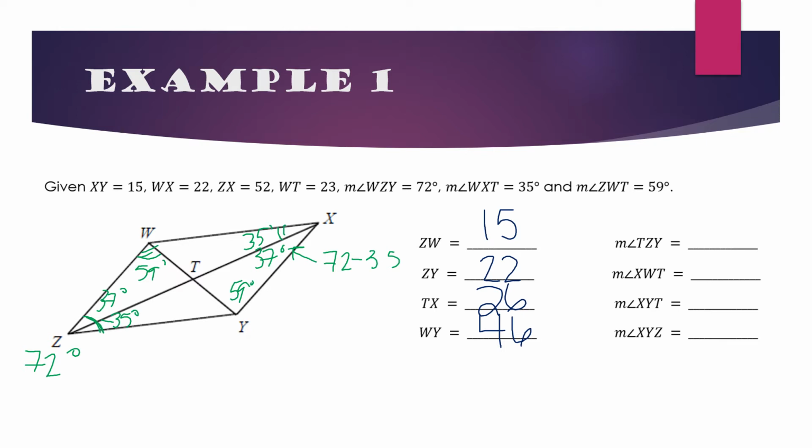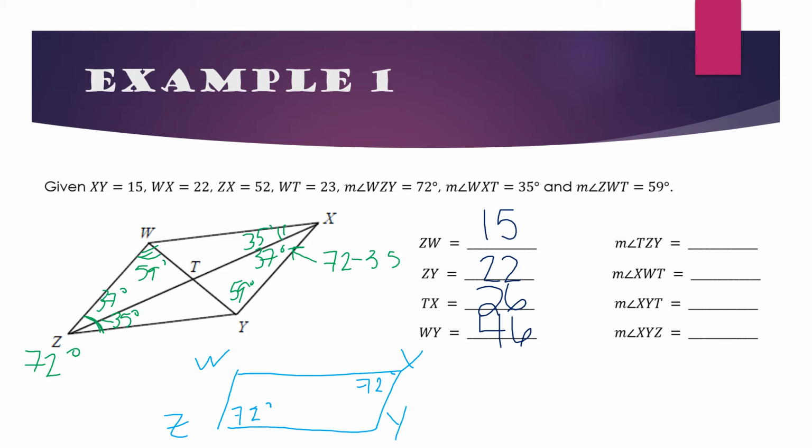Well, there's a couple different ways to do it. So one of the other properties of parallelogram is not only are opposite angles congruent, but consecutive angles are supplementary. So angle, let me just draw this out so you can see it a little better. I'm going to draw it without the diagonals. Z, W, X, and then Y. If angle Z is 72 degrees, angle X is 72 degrees because they're opposite angles.